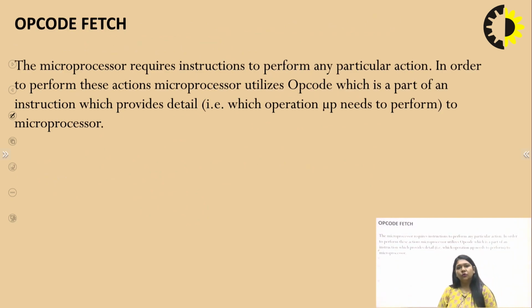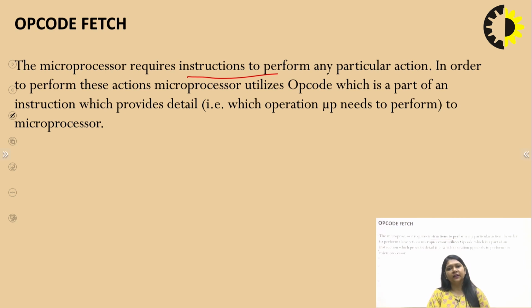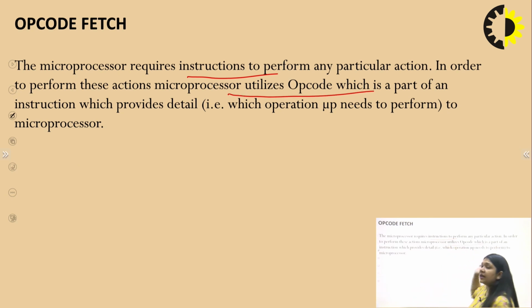So what is opcode fetch? The microprocessor requires some instructions to perform some particular action. For example, if the microprocessor has to do addition, it will require some instructions regarding addition, and that instruction will be forwarded to the ALU, and the ALU will further identify which two registers or numbers are to be added. That is why the microprocessor will utilize the opcode.